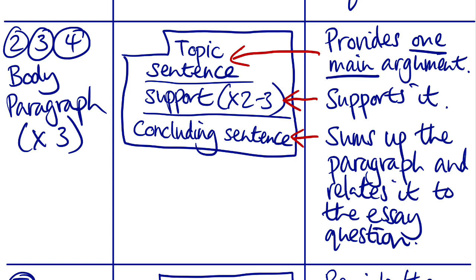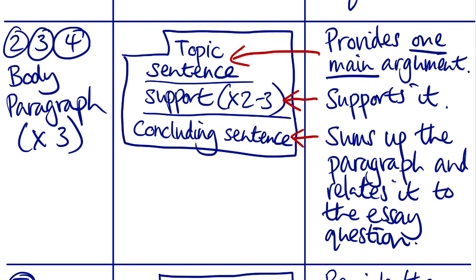You would then provide 2 or 3 pieces of support, possibly with concrete examples or with argumentation to show why they support your topic sentence and why that supports your answer in the thesis statement. The very last sentence is a concluding sentence.